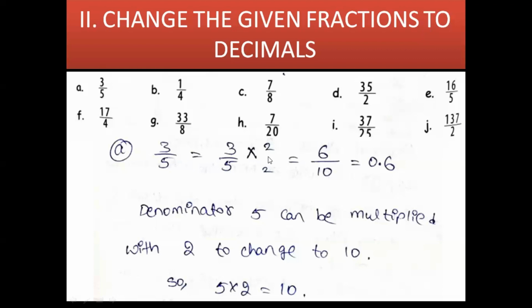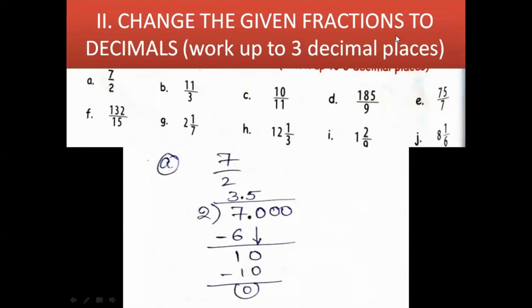The same number is multiplied with the numerator also. That is 3 into 2 by 5 into 2. 3 twos are 6 by 10. Now it is in fractions. Now change into decimals. 6 by 10 equal to 0.6. Put the decimal point after one decimal place, that is 0.6.